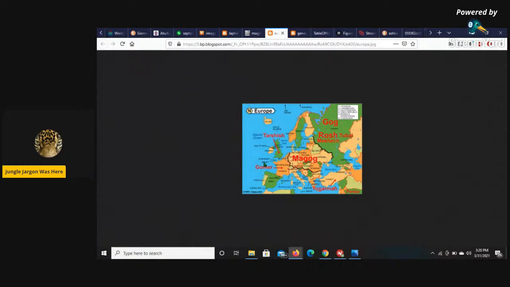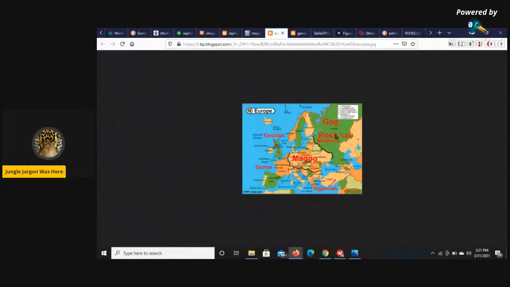Totally wrong. Let's see. Yeah, because there's only 2 Y chromosomes in this area. I'm saying it's wrong because there's only 2 Y chromosomes in this area. There's the Semitic J2 and I2 and I1, which is all in this area right here.